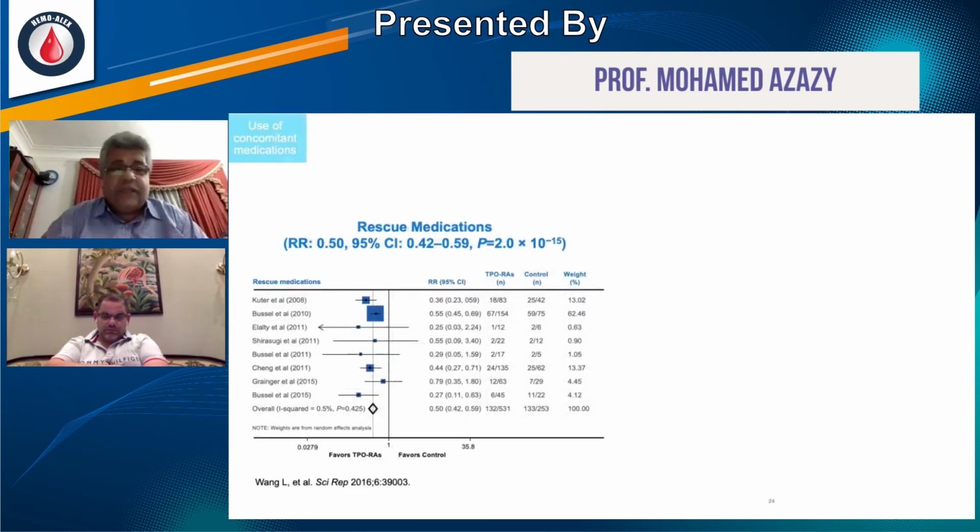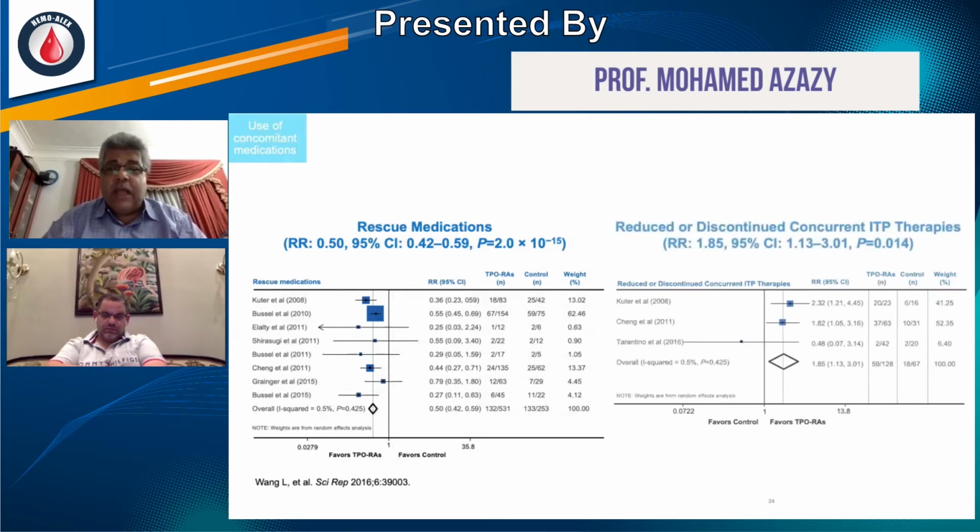The use of concomitant medication is another issue, and you can see here more than 8 studies that have studied the value of TPO in patients on different medications, and the drug was well tolerated in combination with other medication, whether for platelet, respiratory, or cardiovascular disease.